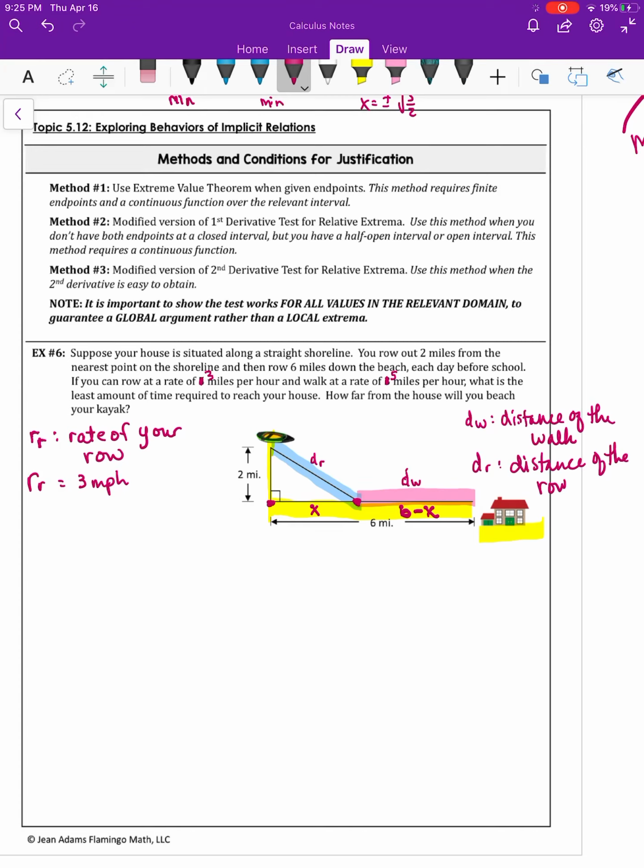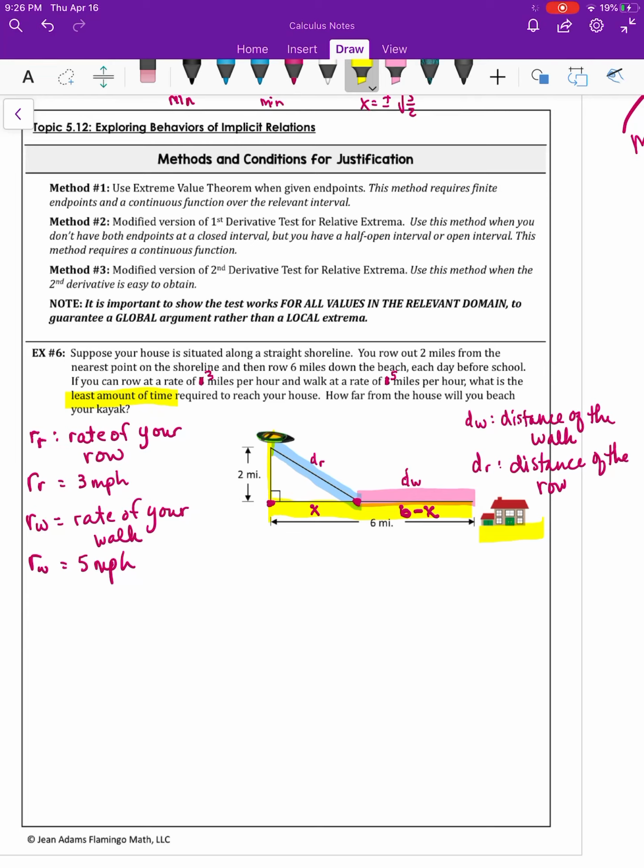That's the rate of your row, okay? So R sub R is the rate of your row, 3 miles per hour, and R sub W is the rate of your walk, and that's 5 miles per hour.